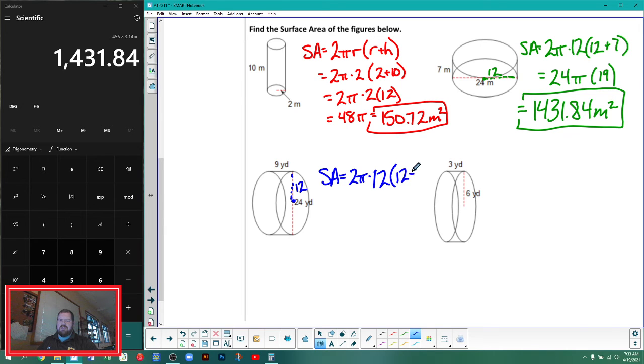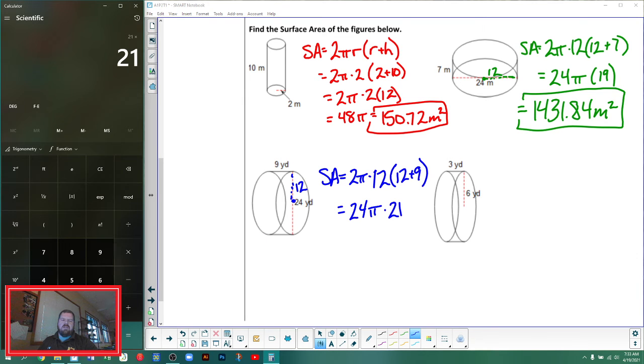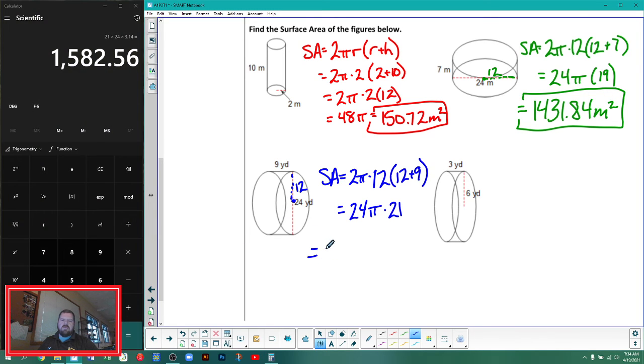And then 12 plus 9. So this time we have 24 pi times 21. So an even bigger number. We have 1582.56. And those are square yards.